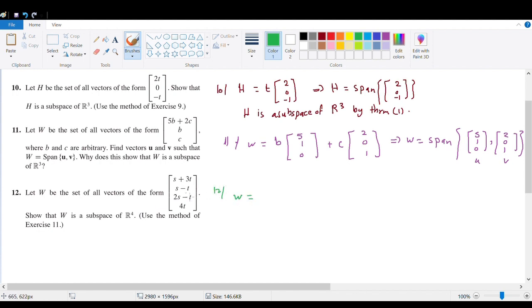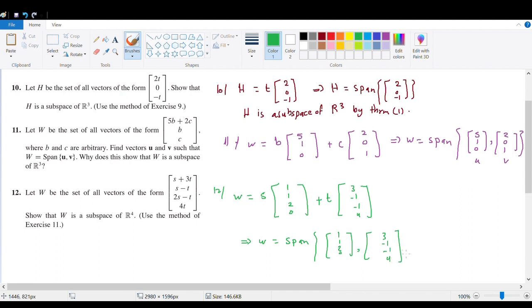Here we have two variables also: s, whose coefficient vector is (1, 1, 2, 0), plus t, whose coefficient vector is (3, minus 1, minus 1, 4). So from here, W is equal to the span of the two vectors (1, 1, 2, 0) and (3, minus 1, minus 1, 4).